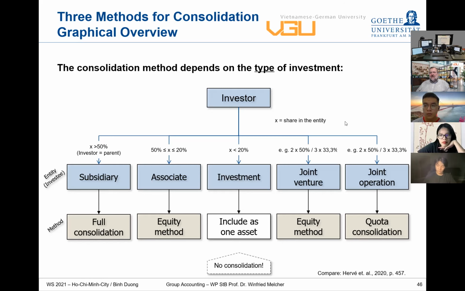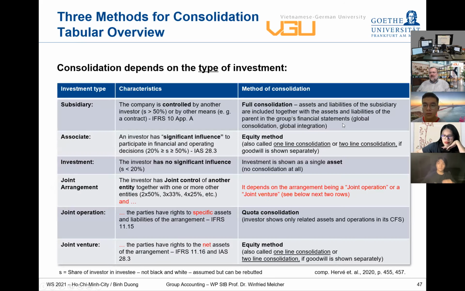And well, we can now go on in our slides. Here is another means of showing how the methods of consolidation would be identified. You have the investment type. We already spoke about that. A subsidiary is a company that is controlled by another investor, typically with more than 50%, or by other means.